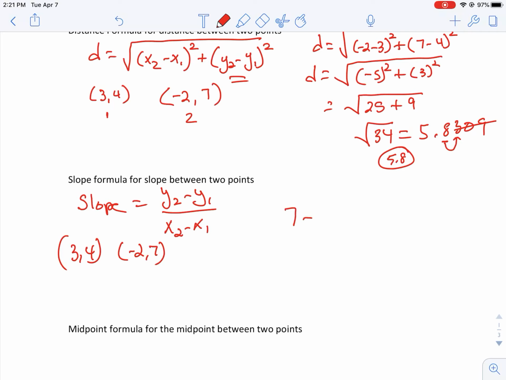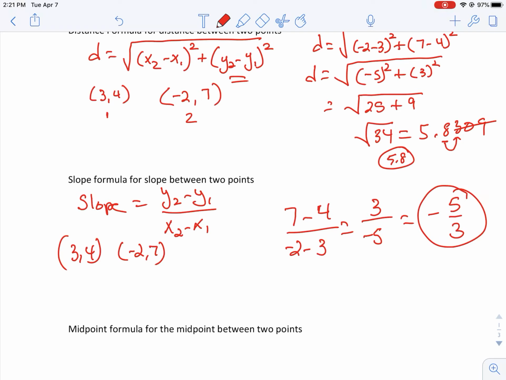The y of the second point is 7, minus the y of the first point, 4, over the x of the second point, which is -2, minus the x of the first point, which is 3. And we already did the work. 7 minus 4 is 3. -2 minus 3 is -5. So the slope is -5/3.